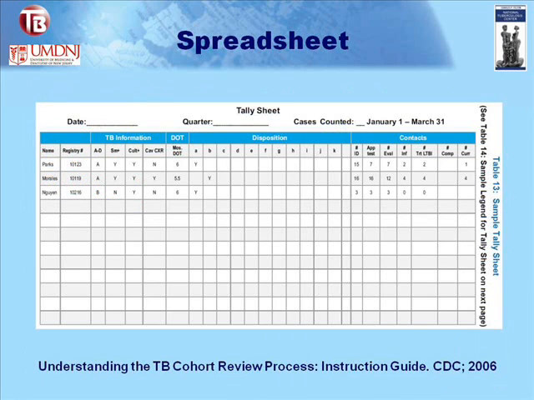Now, this is a sample form that comes from the booklet Understanding the TB Cohort Review Process instruction guide. And it's a sample where you just have one line for each patient, and then information about their TB diagnosis, the treatment, the disposition of the case, was it cured, still on treatment, lost, died, whatever.